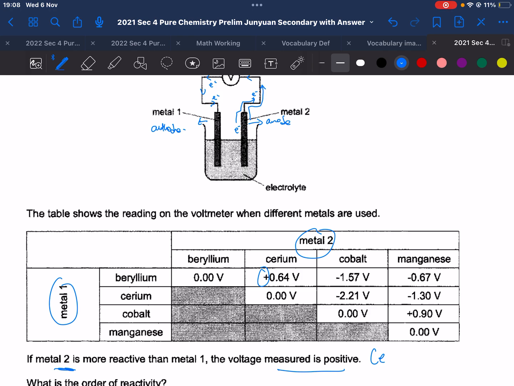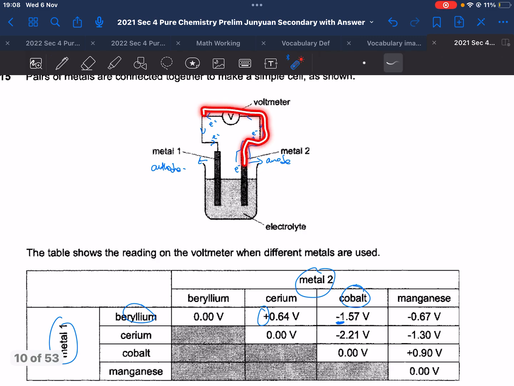If metal 1 is more reactive than metal 2, it will go the other way around. So beryllium is more reactive than cobalt because it's negative. If it's negative, the electric current is moving in the opposite direction, because beryllium is more reactive than cobalt, and beryllium is placed as metal 1 in this situation.